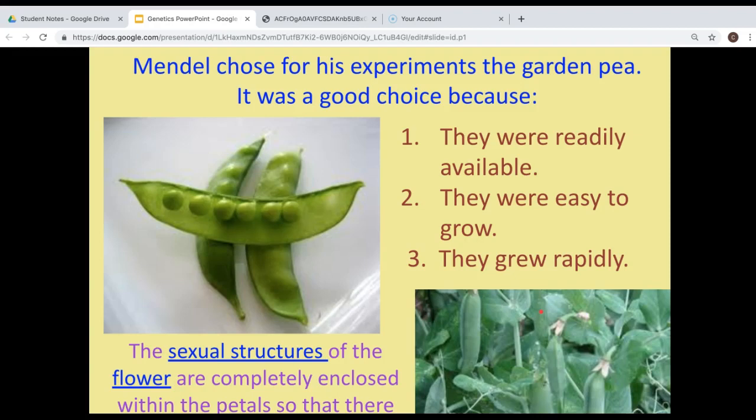So he wanted to make sure, when plants reproduce, generally the seeds and things are blown through the wind. Pollen, the male gamete of plants, is usually blown through the wind, lands on the female part of the plant, fertilizes it, and that's how we get new plants or seeds. In turn, he wanted to make sure that he could know for certain which plants were breeding with which plants. So he could control the breeding patterns of these pea plants, which was very important.